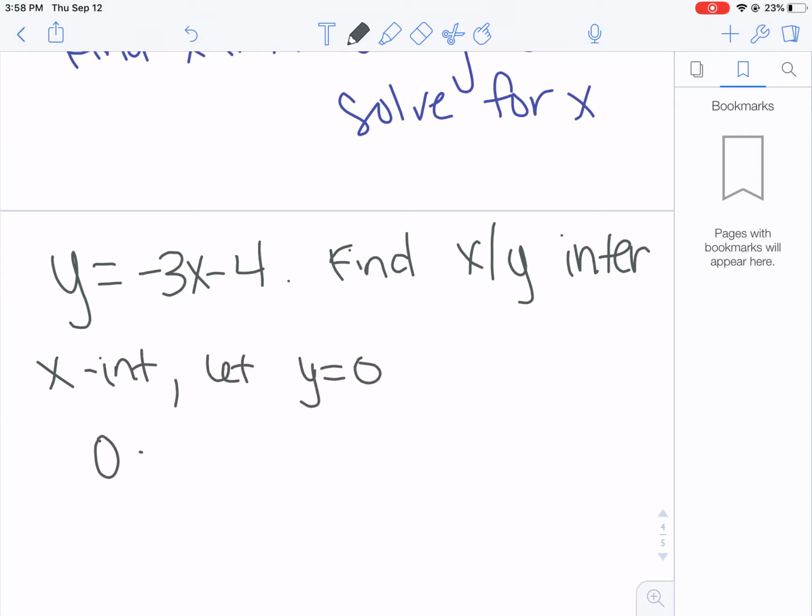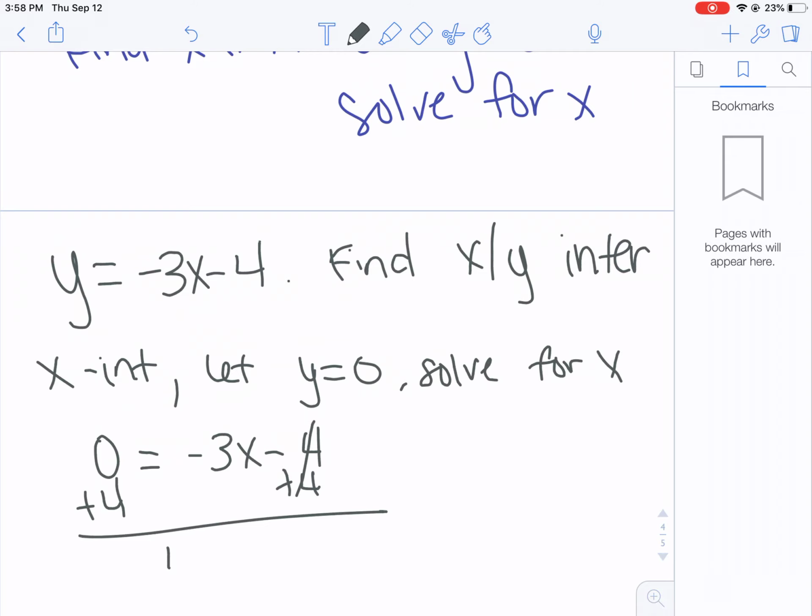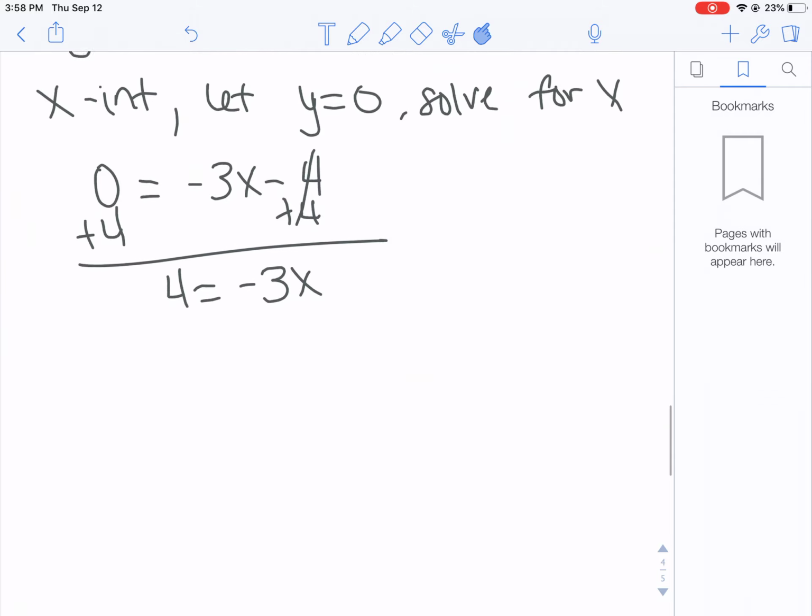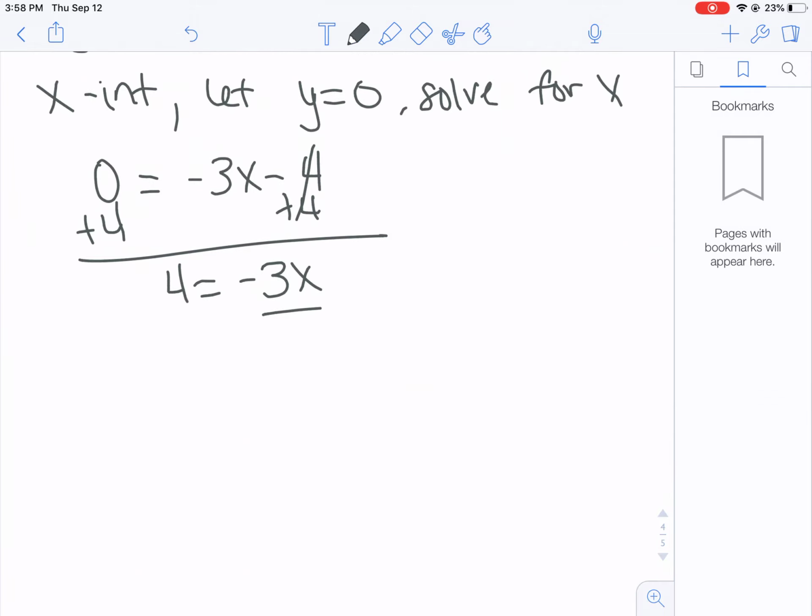So I have 0 equals negative 3x minus 4. And then I'm going to solve for x. So I add 4 to both sides. I get 4 equals negative 3x. Divide both sides by negative 3. So x equals negative 4 over 3.